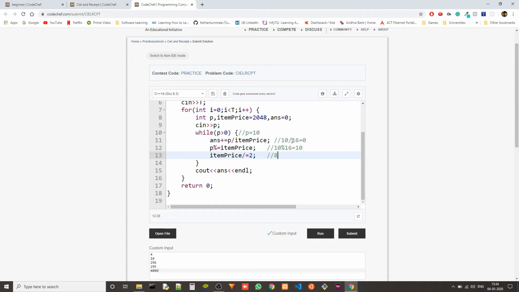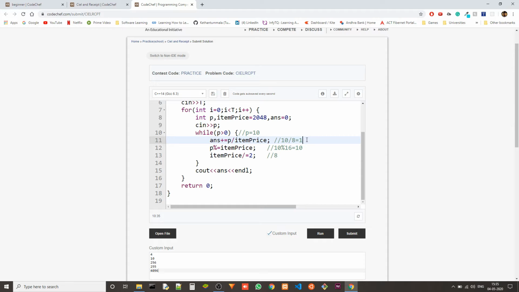In the next iteration, when we divide 10 by 8, the result will actually be 1, because we'll get 1 point something, but we ignore the decimal values, so the answer will be incremented. So we'll add 1 to the answer, which is actually 0 till now. We'll add 1 to it, so answer will become 1.